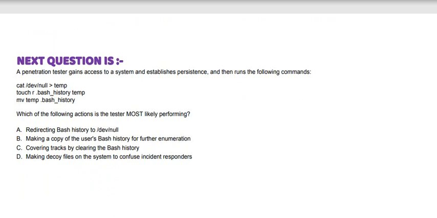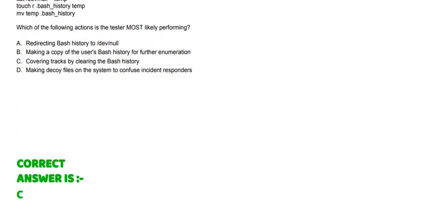Option B, making a copy of the user's bash history for further enumeration. Option C, covering tracks by clearing the bash history. And option D, making decoy files on the system to confuse incident responders. And the correct answer is option C.